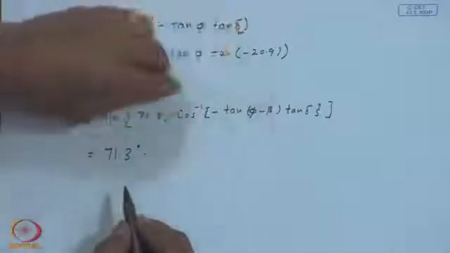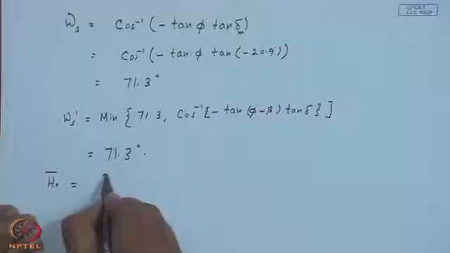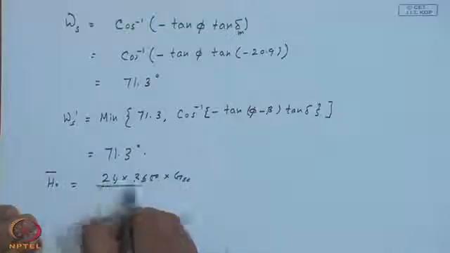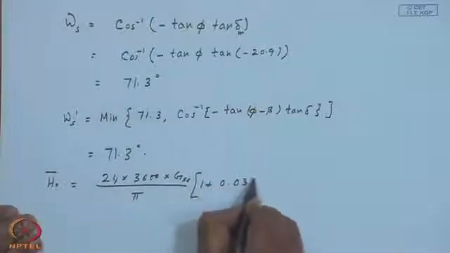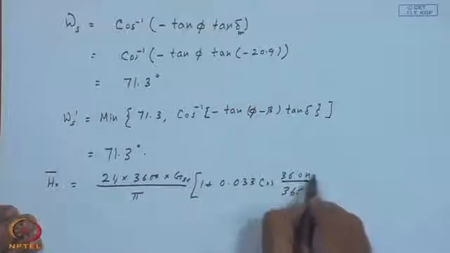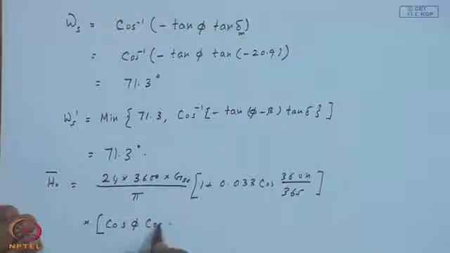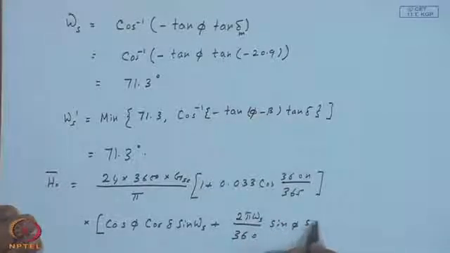What next? Because all my correlations will be in terms of the clearness index, I need H 0 bar, which will be 24 into 3600 times G SC, the solar constant, by pi times 1 plus 0.033 cos 360 n by 365, times cos phi cos delta sin omega s plus 2 pi omega s by 360 times sin phi sin delta.